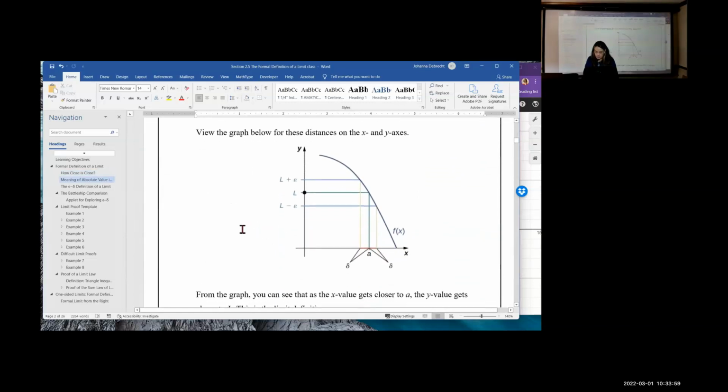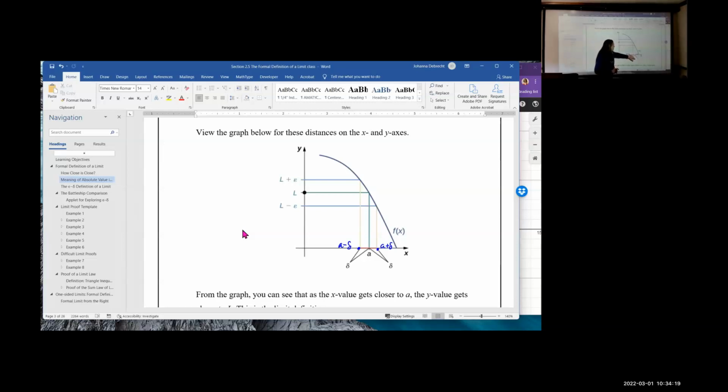So here's a better picture of what that looks like. We've got a delta distance. Delta is the distance. So this coordinate right here is a plus delta, and this one right here is a minus delta. They're a delta distance apart from a.